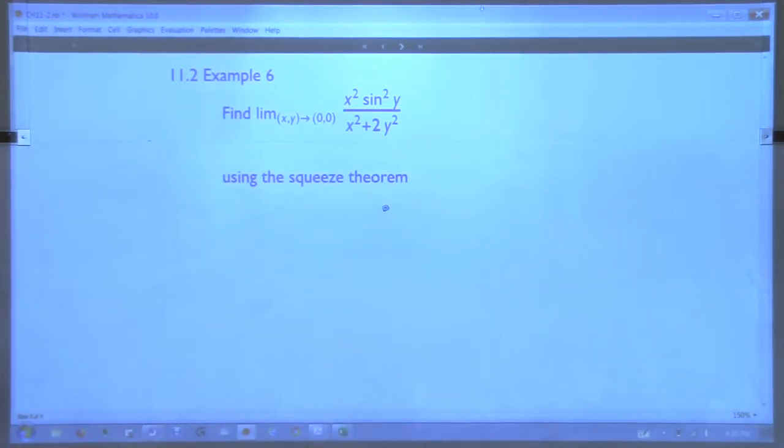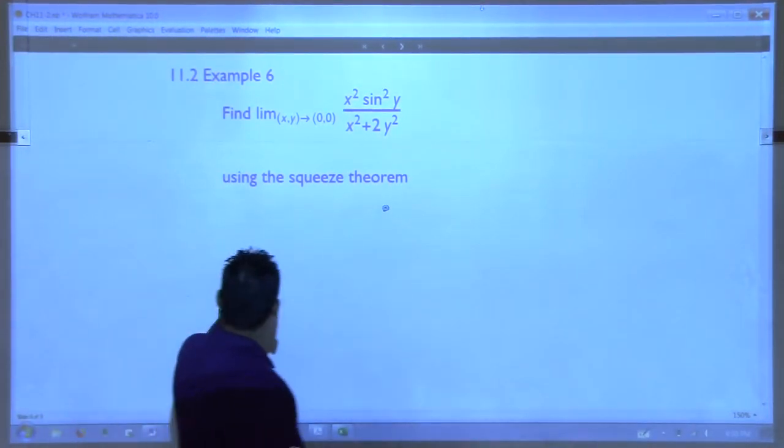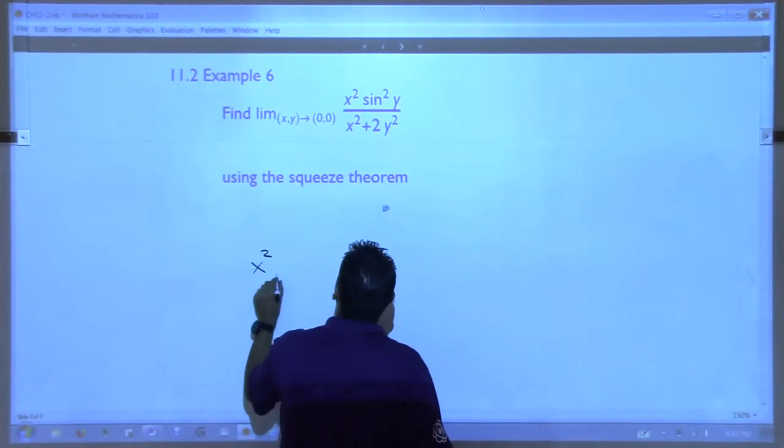But just because all of them go to the same place does not mean this exists. Just because if you check it 1 billion times and every one of them is the same answer, that does not mean the limit exists. But if you can show that this limit exists with a squeeze theorem, then you can say it's the equivalent of checking every path.